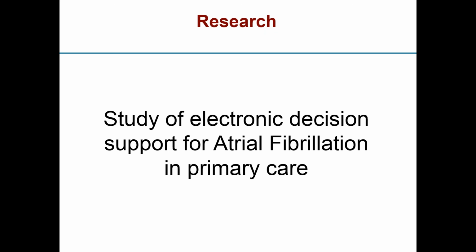So that's the attractive thing about that live call monitor or some sort of phone device: the cost of that is actually less than the cost of an event monitor. That provides a way for the patient to be able to do it themselves, assuming they've got a smartphone and can do it.